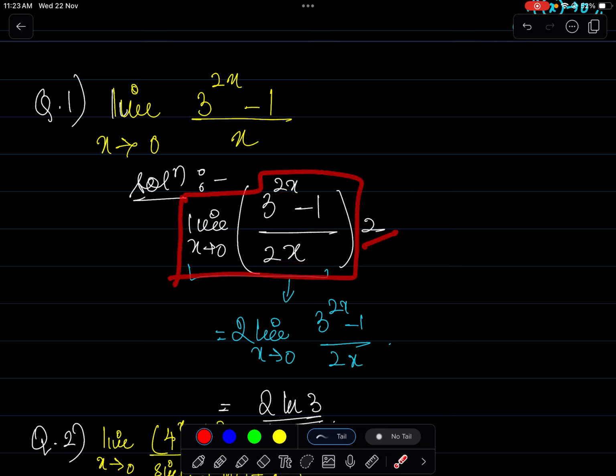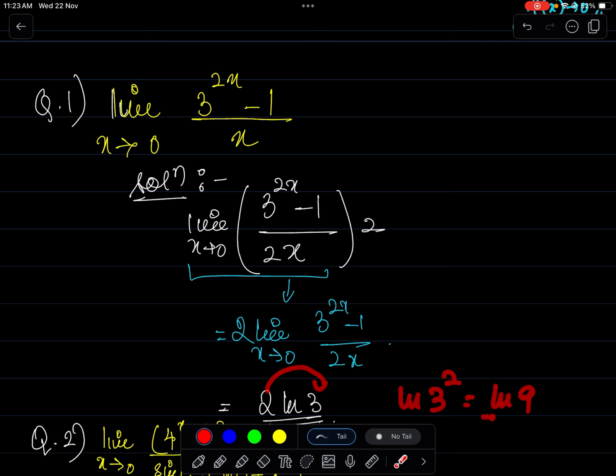Since this is a constant, it will come out, and when I apply the limit over here, I will get ln 3. So this is my final answer. And you can take 2 in the power and you will get ln 3 square, which is ln 9. Is it clear? So the most important thing to note is, it's not necessary that it has to be just x. It can be any function of x.